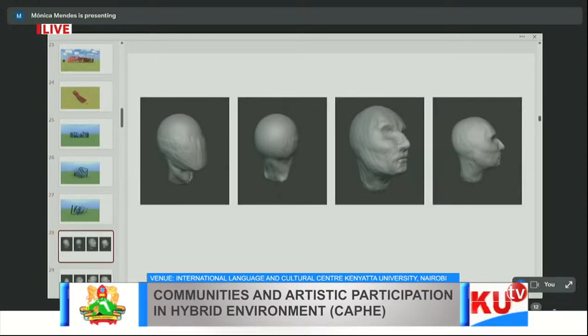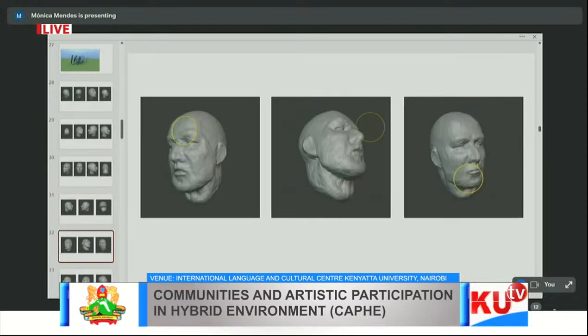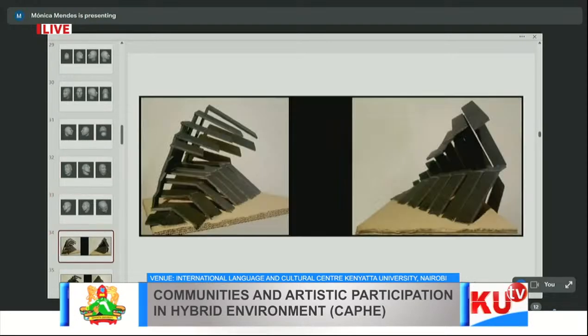Here we have organic modeling, human head modeling, and of course this is made with software. Another exercise consists in, as in my presentation from last week, they will start to do a physical model, and then they will have to try several experiments in the digital field.